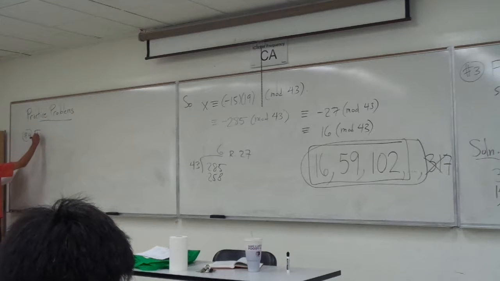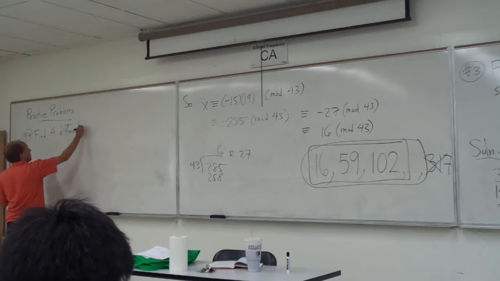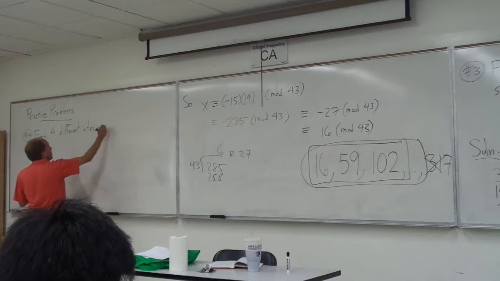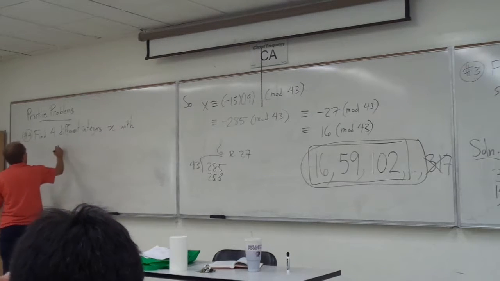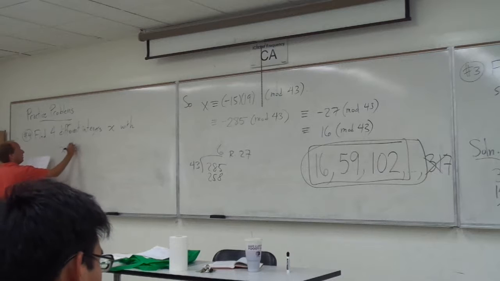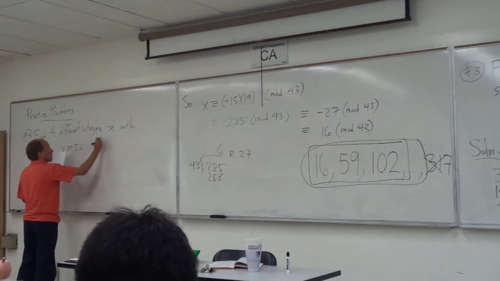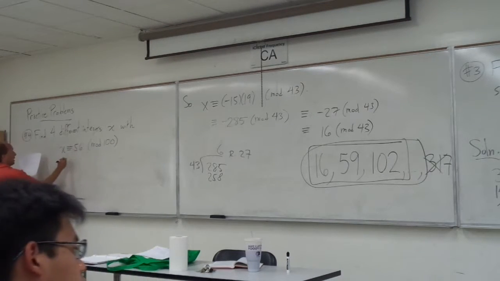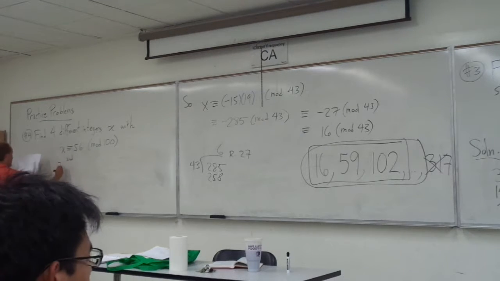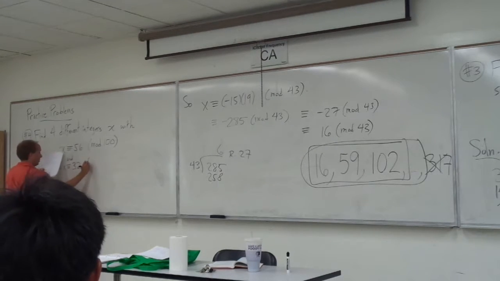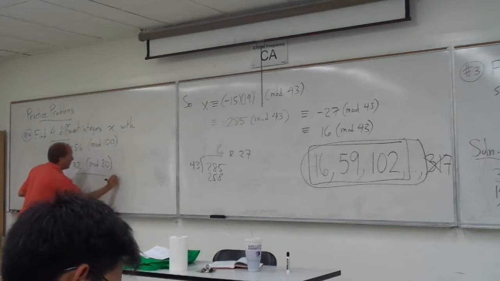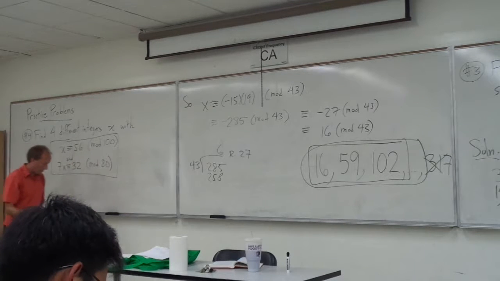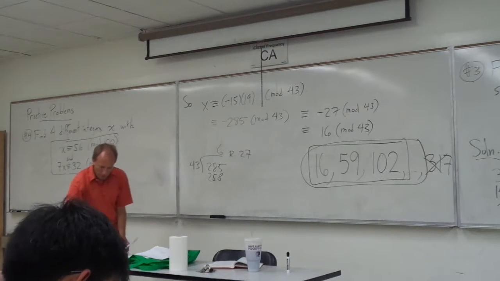So find, number 4, find 4 different integers x with x congruent to 56 modulo 100 and 7x congruent to 32 mod 80. 4 different solutions here is what we want to look for.